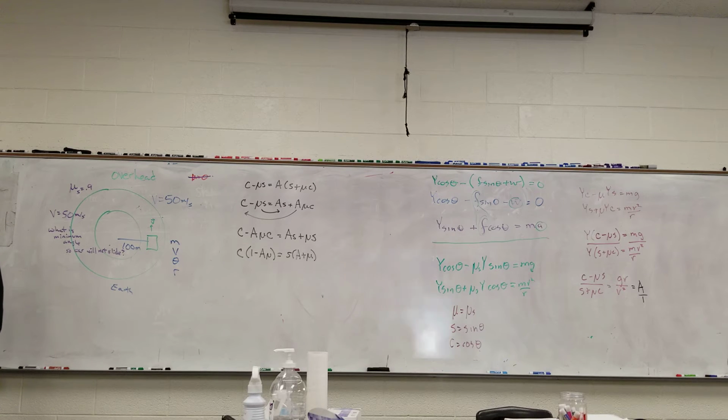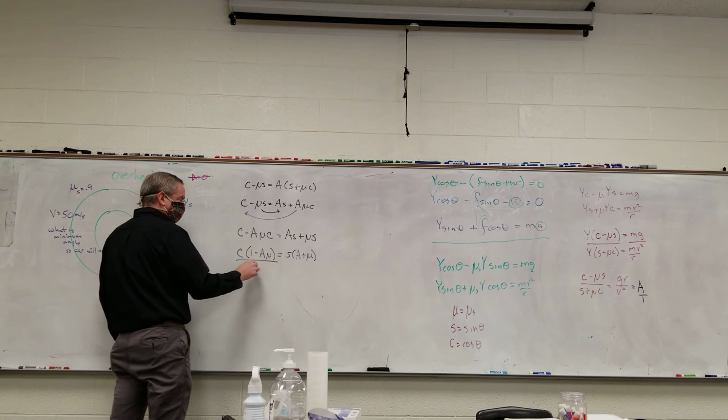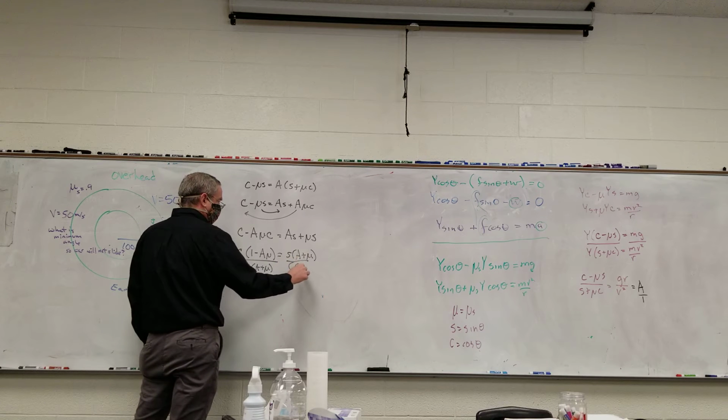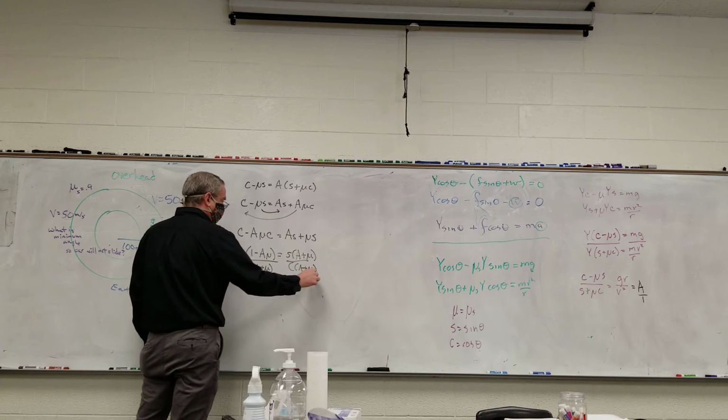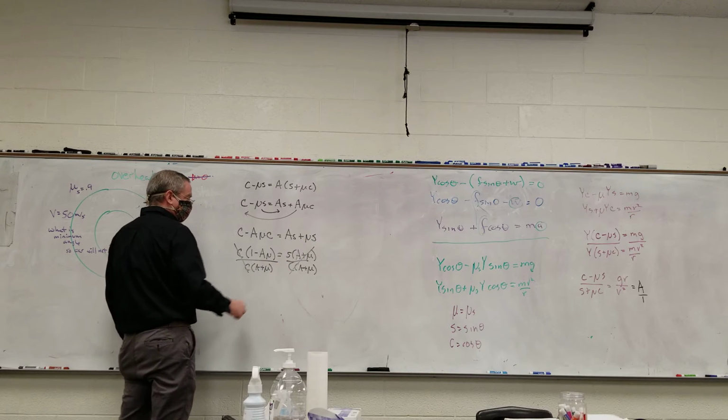Fortunately, we are not going to have to square anything and end up with a quadratic. I'm going to divide both sides by cosine times A plus mu. So on the left-hand side, my cosines cancel out. On the right-hand side, my A plus mu cancels out.